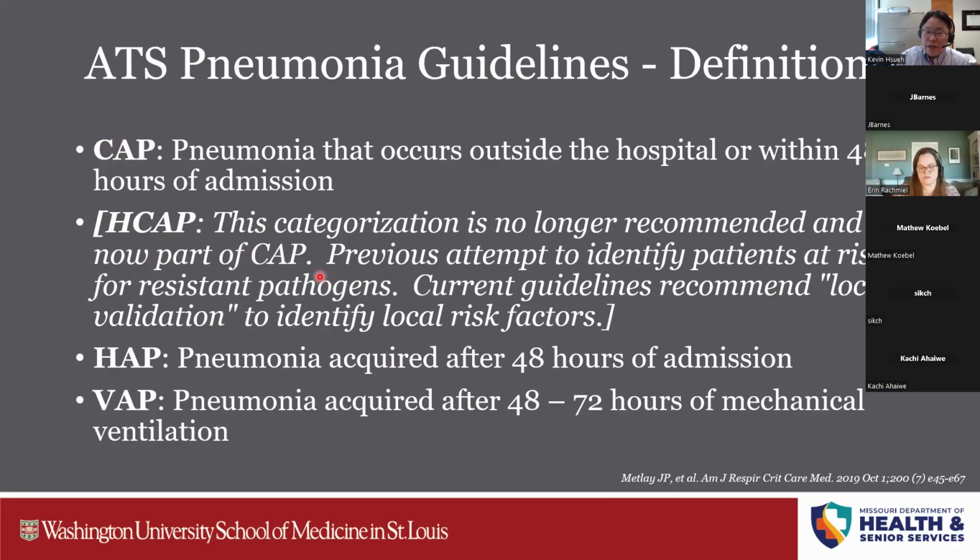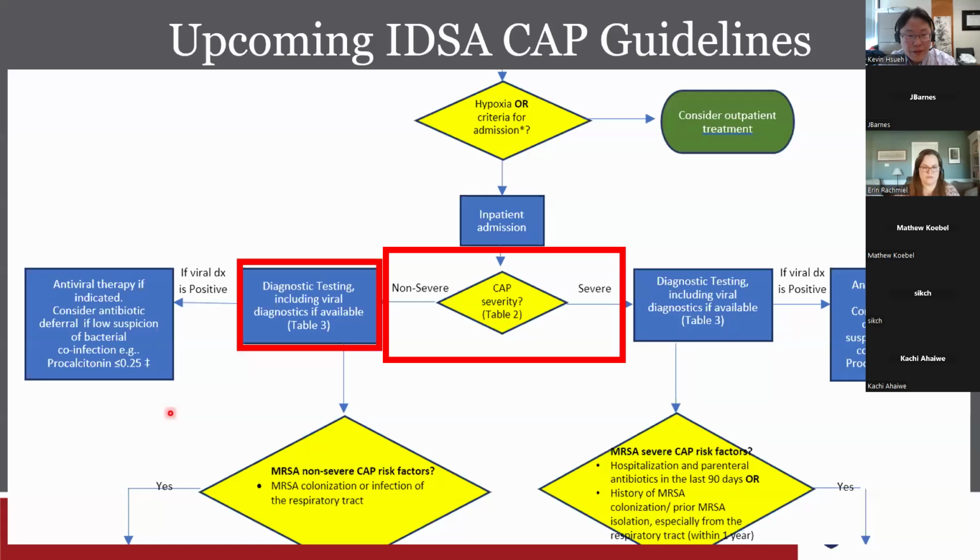Basically, everybody who had been in or around healthcare for the last 3 months prior to their admission was getting vancomycin and cefepime, which was really not the intent, and very, very few of those patients actually needed vancomycin and cefepime. So really now the only gradations for pneumonia are community-acquired pneumonia, hospital-acquired pneumonia, and ventilator-associated pneumonia.